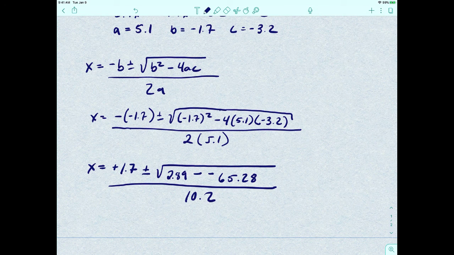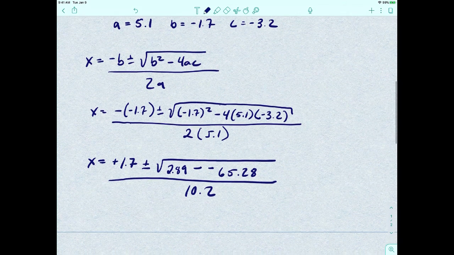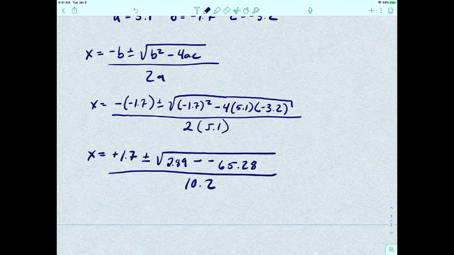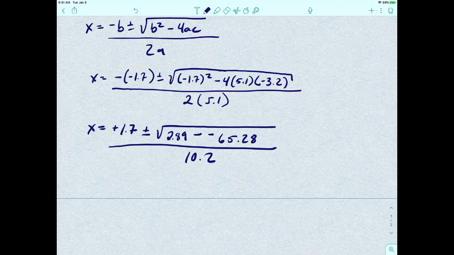All right, so now we're getting cleaned up a little. So let's keep going. Now let's deal with inside that radical, the 2.89 minus a negative 65.28. So 2.89 minus a negative means we're adding. So 2.89 plus 65.28 gives us 68.17.